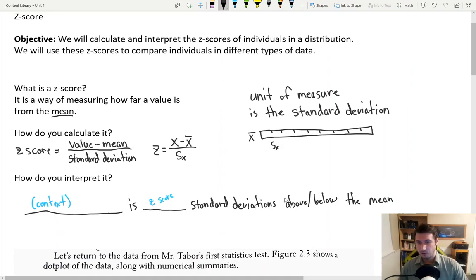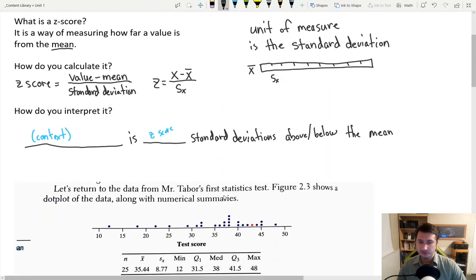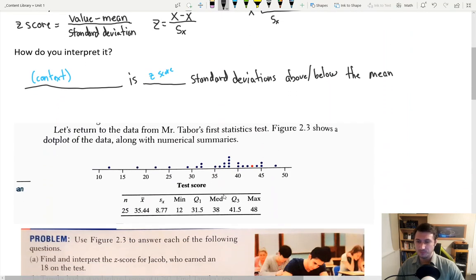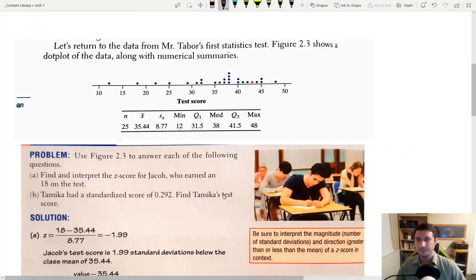Hopefully I haven't lost you yet, because this is actually quite easy, and it is one of the most important things we do all year. So let's return to the data from Mr. Tabor's first stats test. We have the dot plot along with the summary statistics. We've got the sample size, 25 people, the mean, 35, the standard deviation, and all of our box plot numbers: min, Q1, median, Q3, and max.